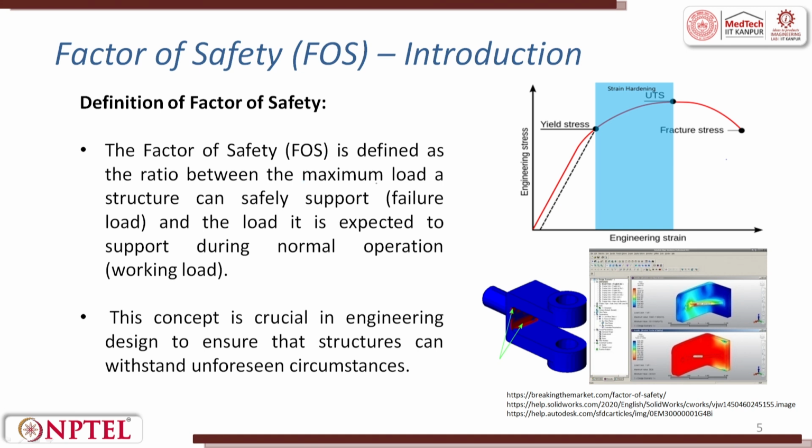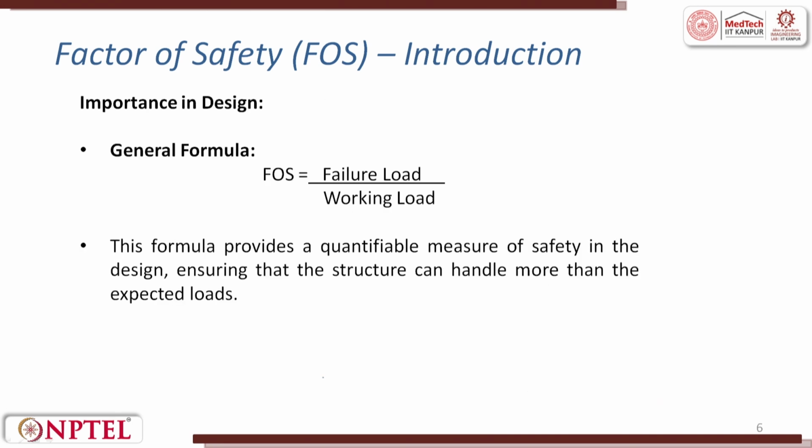Factor of safety is defined as the ratio between the maximum load a structure can safely support, the failure load, and the load it is expected to support during normal operation, that is called the working load. The concept is very crucial in engineering design to ensure the structure can withstand unforeseen circumstances.